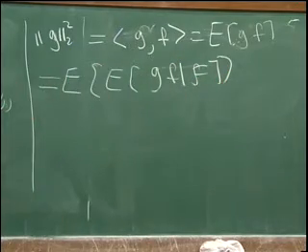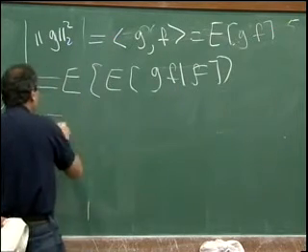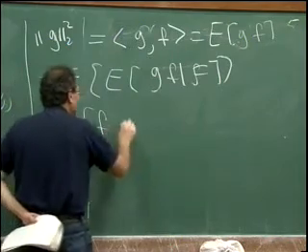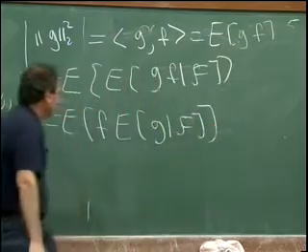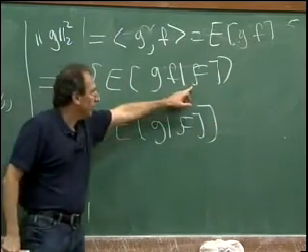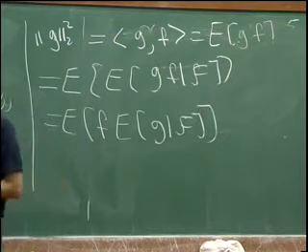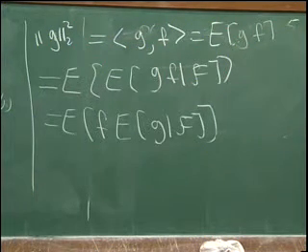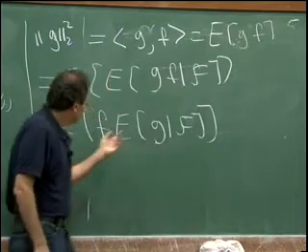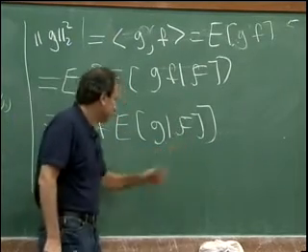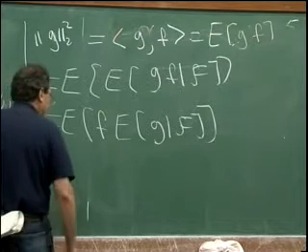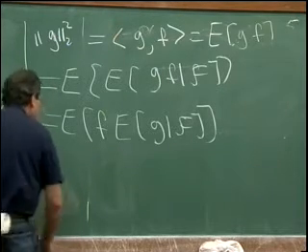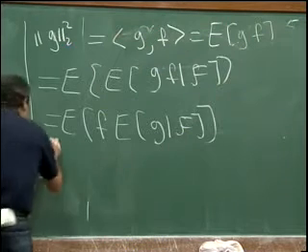And now I can condition on this information I have from the algorithm, and then I can pull out the value of f. The point is, at the end of the algorithm, you know what the function f is. So f is measured with respect to the sigma field, because at the end of the algorithm, you know what the function is. So I can pull f outside the conditional expected value, and now I can use Cauchy-Schwarz.